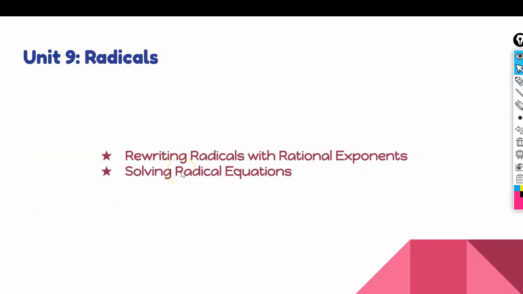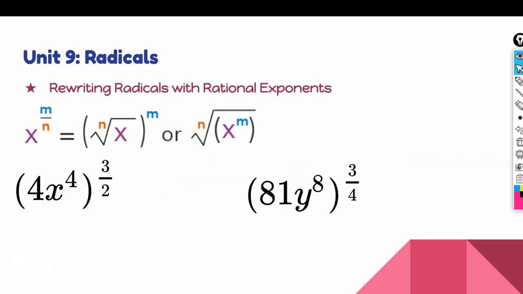And finally, the stuff that we just talked about this week. Radicals, the roots. Starting out with rewriting radicals with rational exponents. We are not even simplifying them. You are just rewriting them.